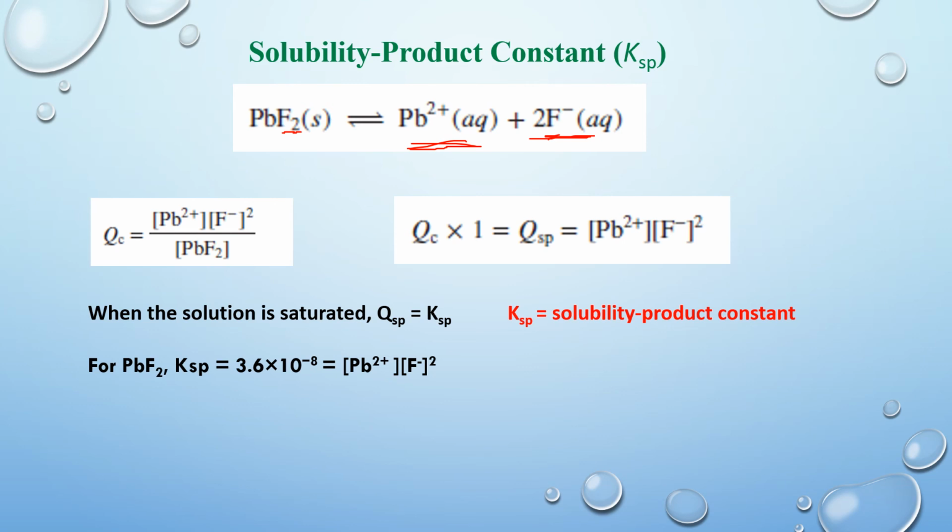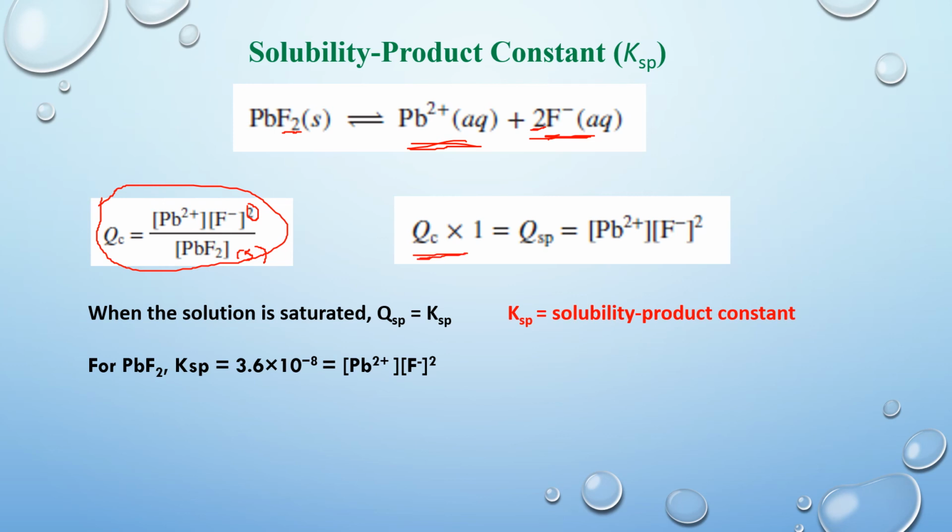The reaction quotient for this reaction can be written as Q_c, notice you have the square for fluoride because the coefficient is 2. In this expression, because the denominator is a solid, right? So this is a solid, which means the activity is equal to 1. So we can rewrite this equation by moving the 1 to the left-hand side, right?